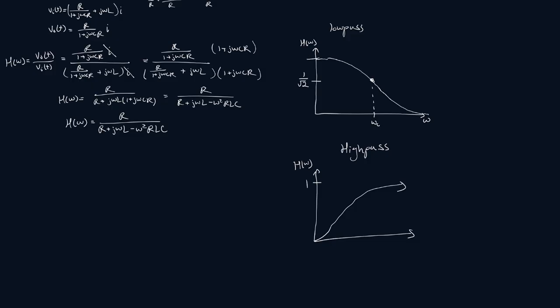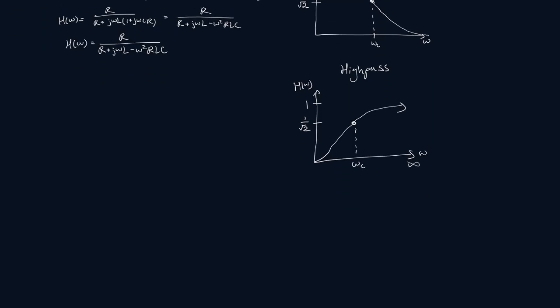Oh yeah, this is 1 up here, sorry. When omega is 0 for low pass, our transfer function is 1. For high pass, it's 0, and as omega goes to infinity, it reaches a saturation point at 1. And there's a cutoff frequency when the transfer function is at 1/√2.